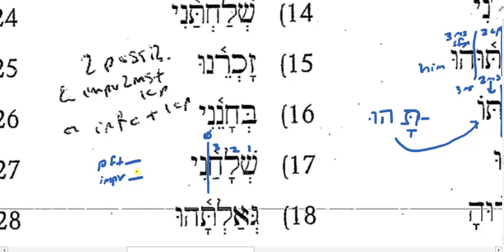There's some personal ending. If it's the perfect with zero ending, then what is that? What's the zero ending form of the perfect? 3ms. If it's the imperative with no ending, then it's the 2ms. Okay? And then either way, both of these have the 1cs direct object pronoun.